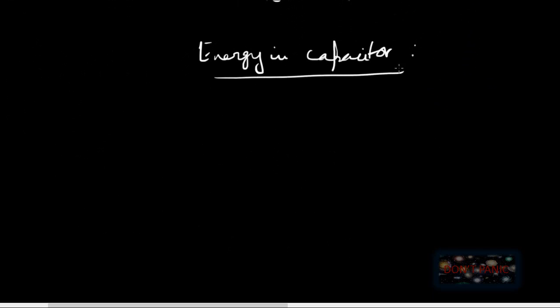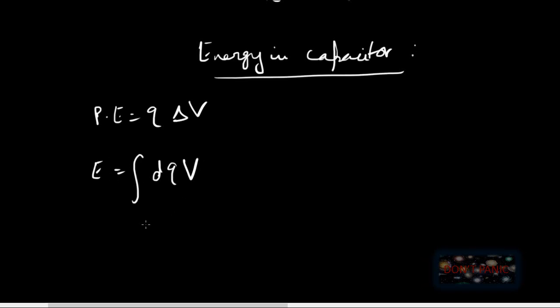So last thing is energy in a capacitor. You know that we discussed that potential energy is Q times the potential difference. So the energy on the capacitor you can find using the formula integral of dq, each bit of charge that you're going to be moving from one plate to another, times the potential difference.